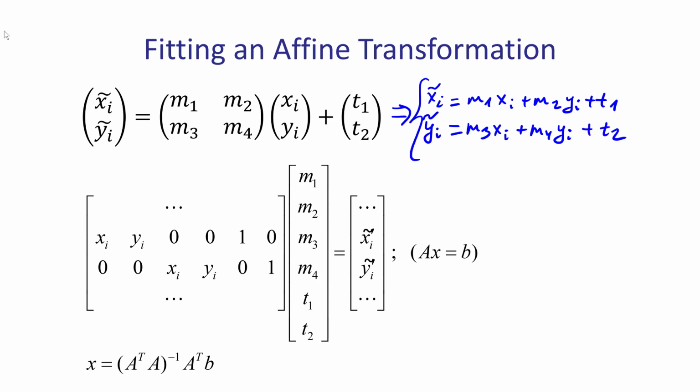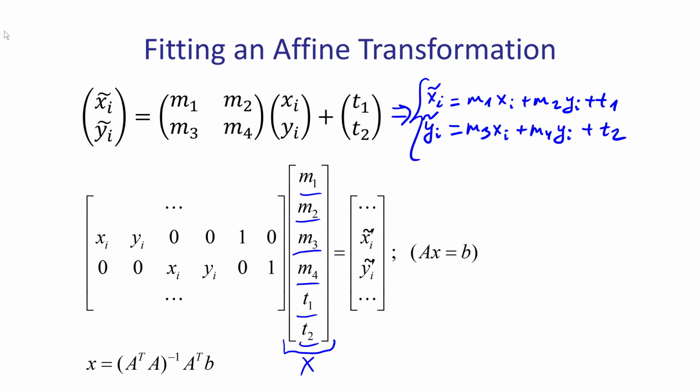So those are those equations written explicitly. Now, how you write that in matrix form? First of all, we define the vector that we want to find. Let's call it vector x. So it will include all of the parameters that we want to use and to find. So it's m1, m2, m3, m4, t1, and t2. Those are 6 parameters that we want to find.